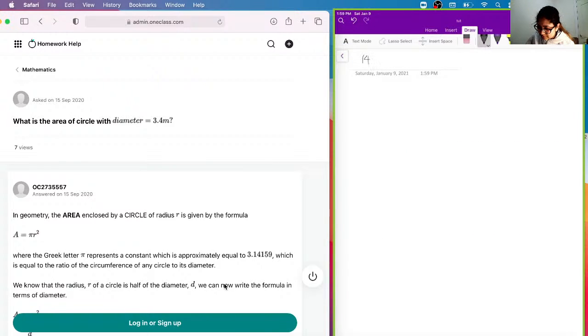Okay, so our next question says, what is the area of a circle with diameter of 3.4 meters?